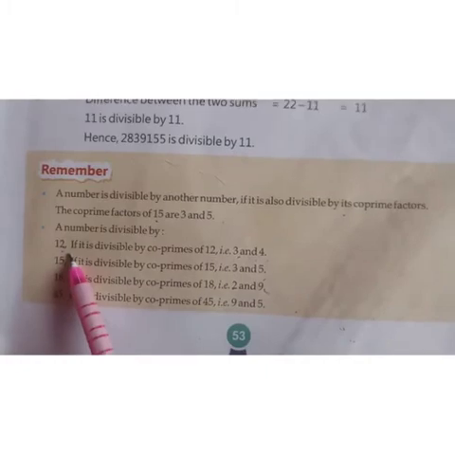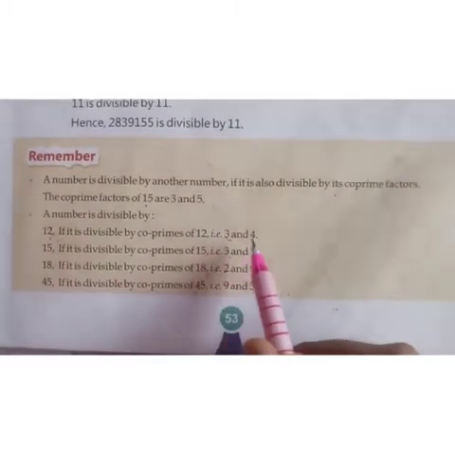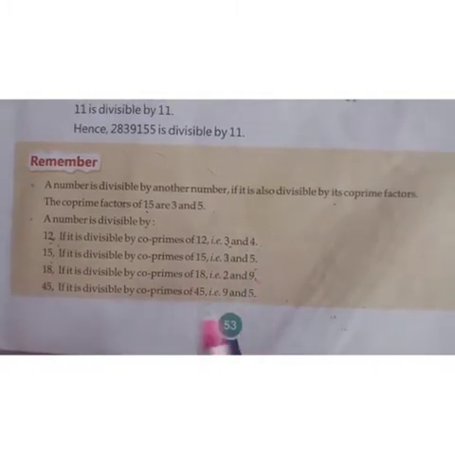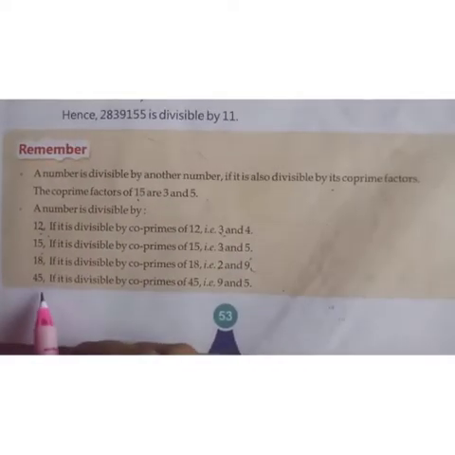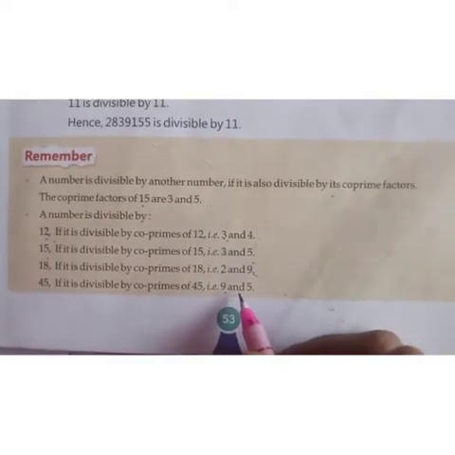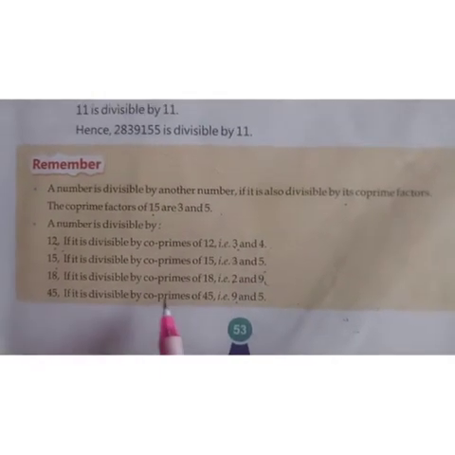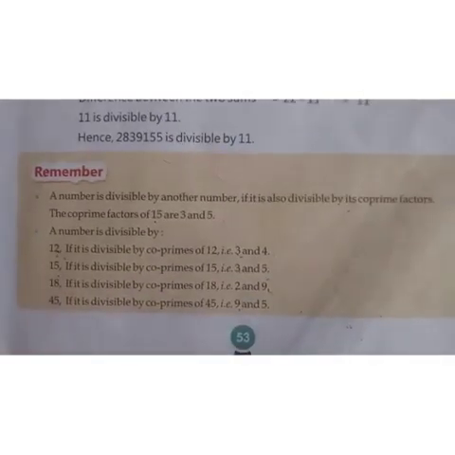So a number is divisible by 12 if it is divisible by the co-prime factors 3 and 4. Similarly, for 15, we have 3 and 5. For 18, we have 2 and 9. Whereas for 45, we have 5 and 9. So children, just note this because we have sums based on this in the exercise as well.